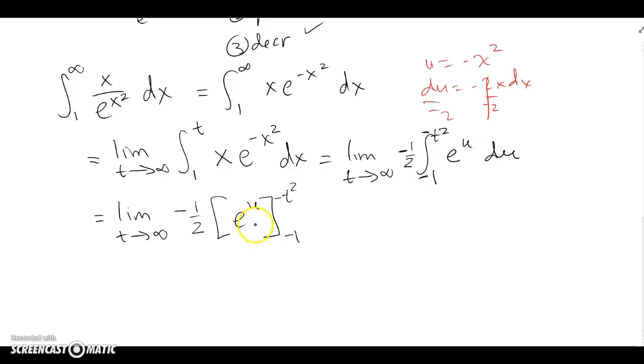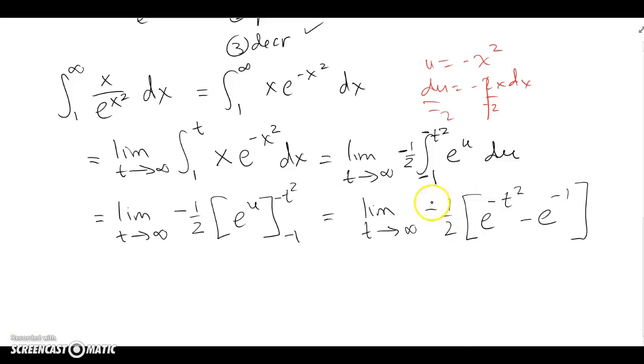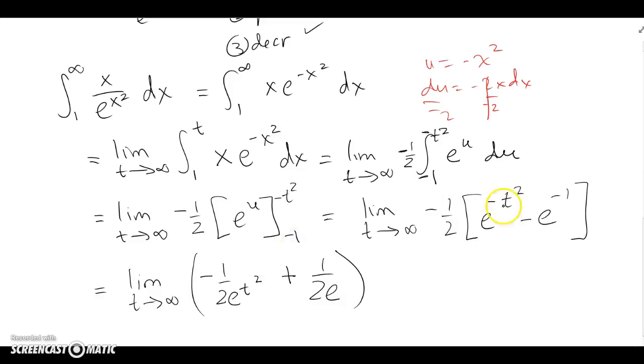Integrating e to the u just gives me e to the u again. I put in my limits of integration. So as of right now, I have negative 1/2 times e to the negative t squared minus e to the negative 1. Let's simplify that a little bit more. I distributed the negative 1/2, and e to the negative t squared is the same as putting e to the t squared in the denominator because of that negative exponent.